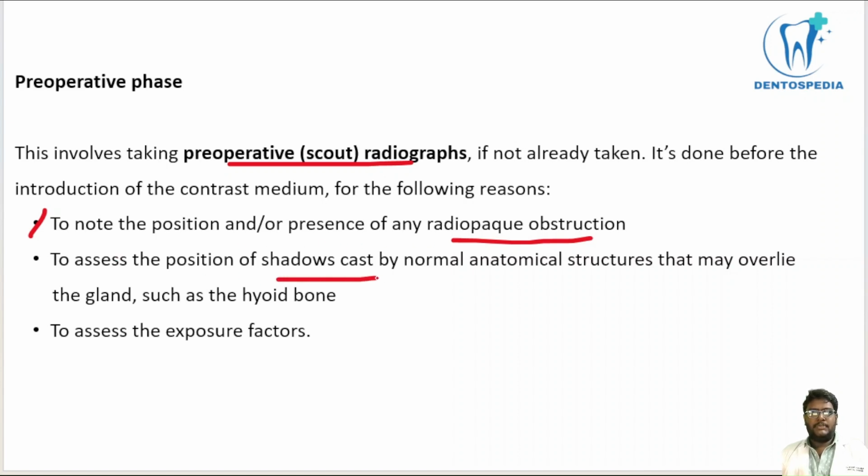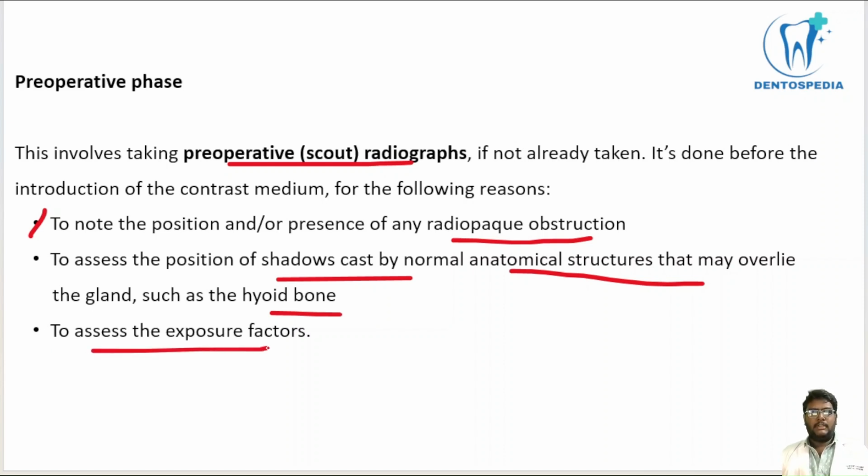To assess the position of shadow cast by any normal structures which may overlie the gland, such as hyoid bone. Sometimes in our anatomical structures, one structure might superimpose on another, and it can hamper the diagnosis. So usually we check for any superimpositions by taking scout radiographs, and also to assess the exposure factors.